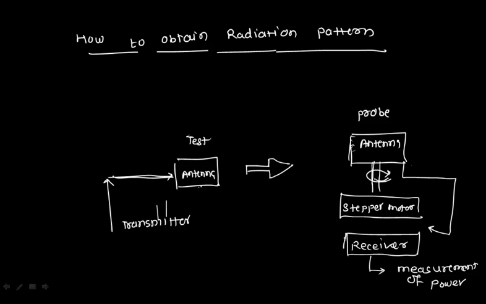The probe antenna is on the stepper motor, changing the angle theta from 0 degree to 360 degree to measure the power at different degrees. So this is the setup for how you are going to measure the radiation pattern.